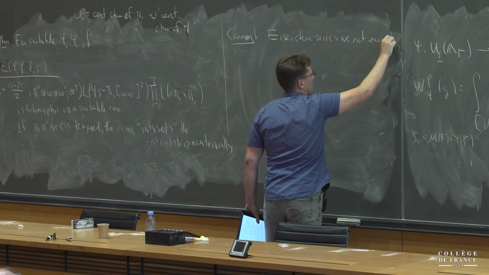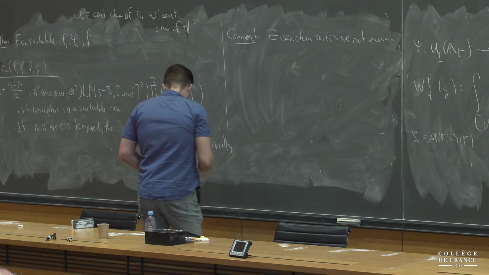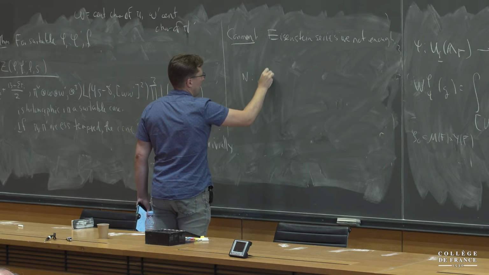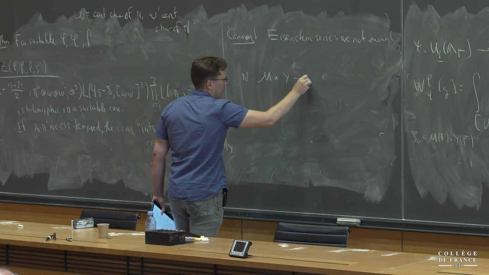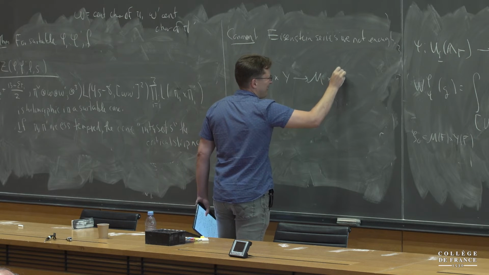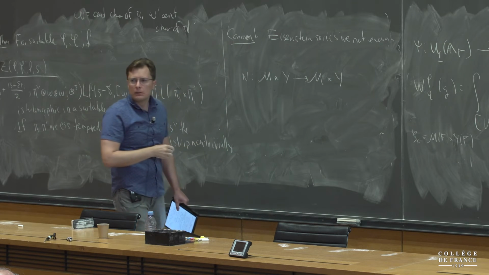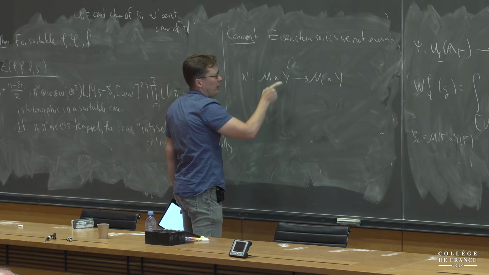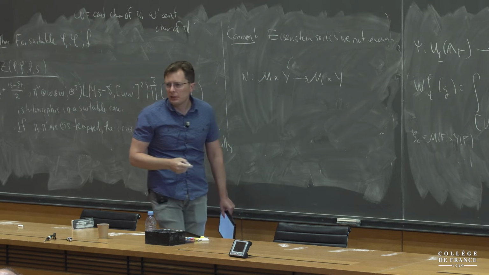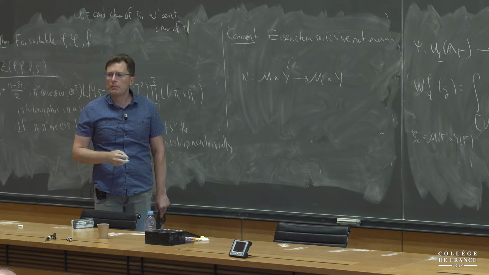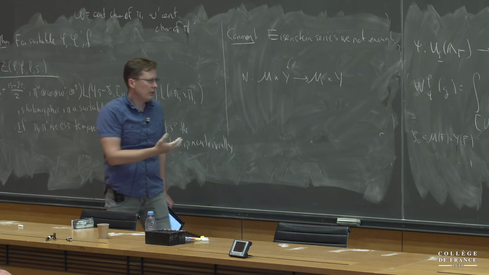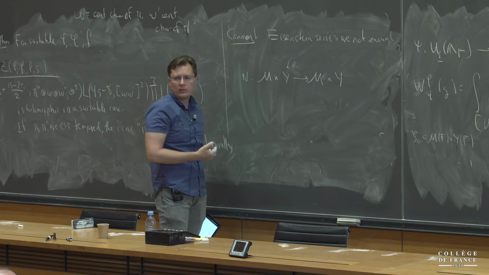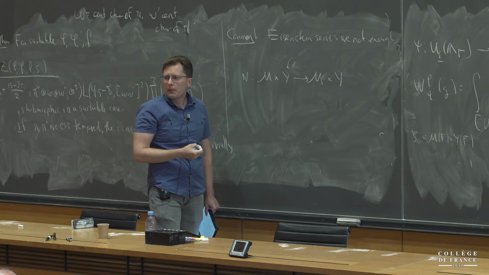So what do I mean by this? How did we construct this integral representation? We had an action of a unipotent group N on this space M cross Y, right? So this is the same sort of space that's appearing in Garrett's integral representation. In Garrett's integral representation, you take the projectivization of this. The Eisenstein series naturally lives on the projectivization of this space, okay?